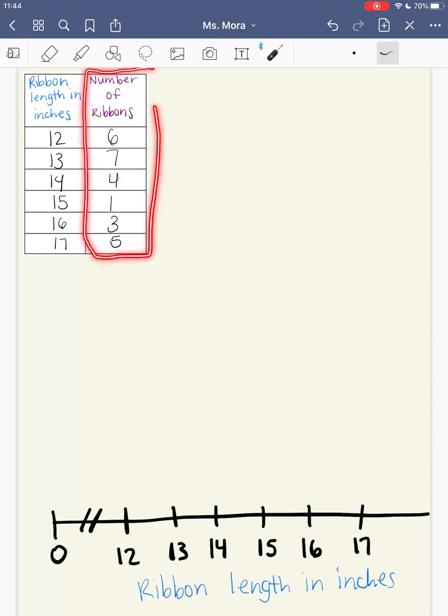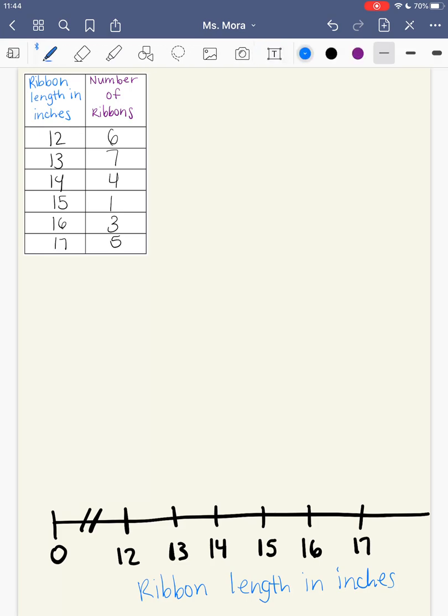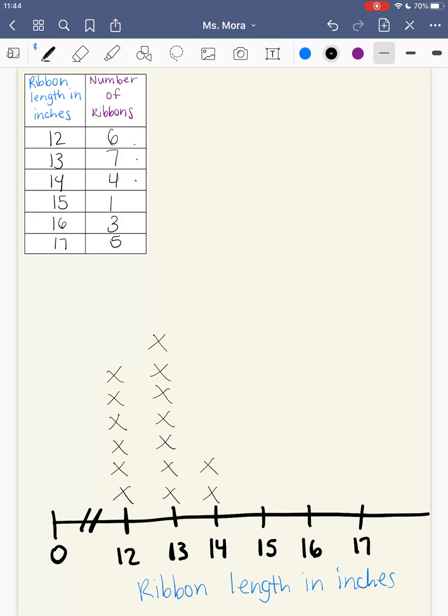So I'm going to look at this side now. Okay, and for the first one, I have 6 ribbons that are 12 inches long, so I'm going to draw 6 X's. 1, 2, 3, 4, 5, 6. 7 ribbons are 13 inches long. 1, 2, 3, 4, 5, 6, 7. 4 ribbons are 14 inches long. 1, 2, 3, 4.